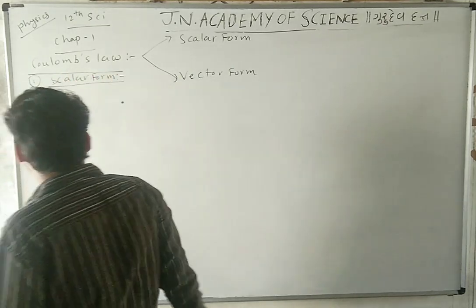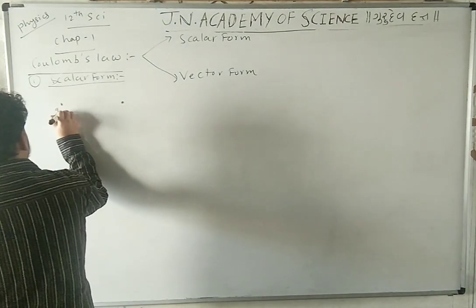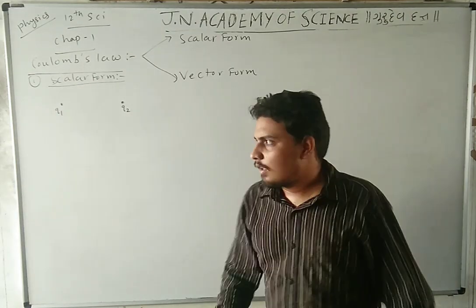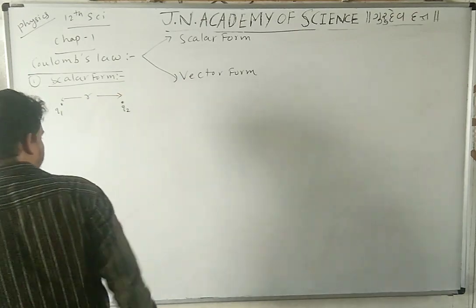So in this scalar form we are considering 2-point charges, let us say q1 and q2, which are separated by distance small r.